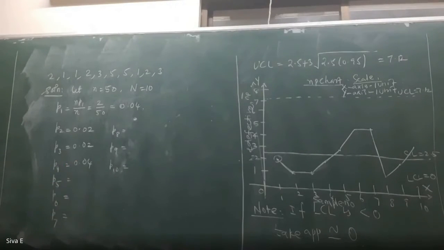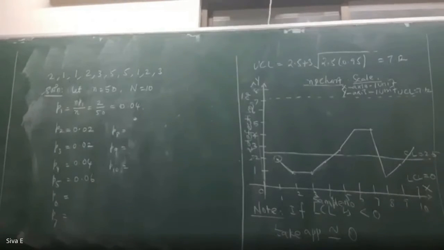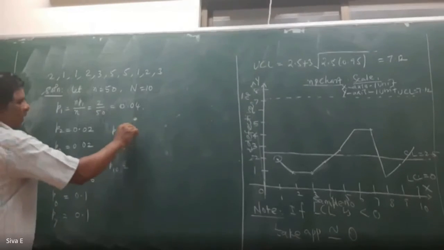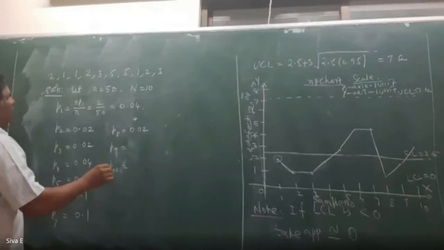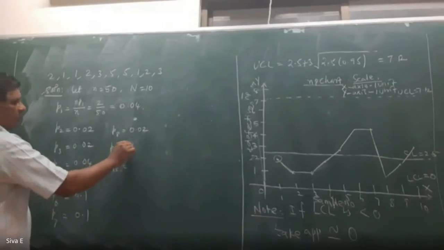P5 is 3 by 50, 0.06. Then for 5, 0.1, 0.1. 0.02, 0.04.